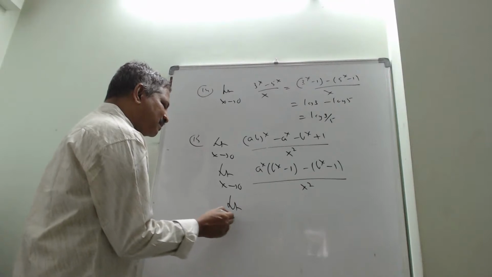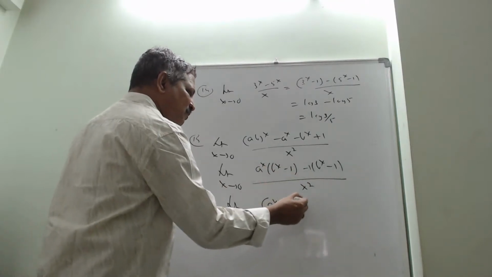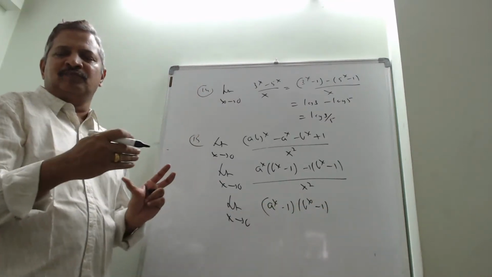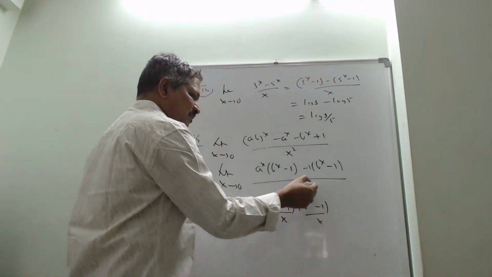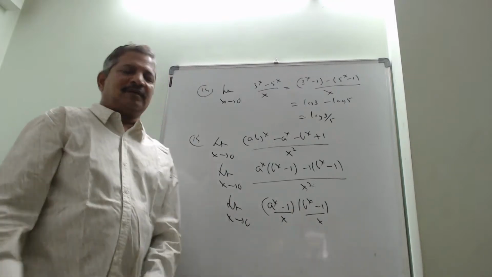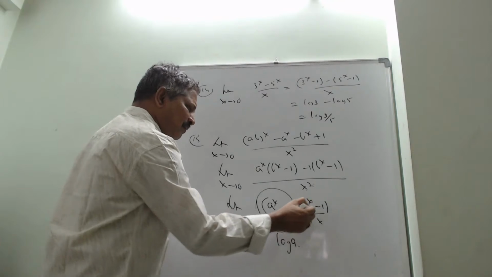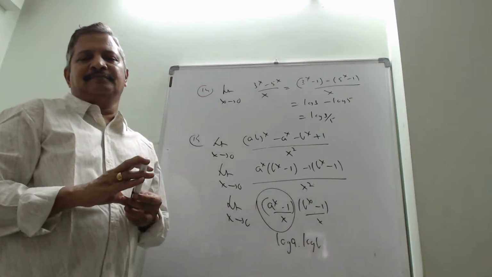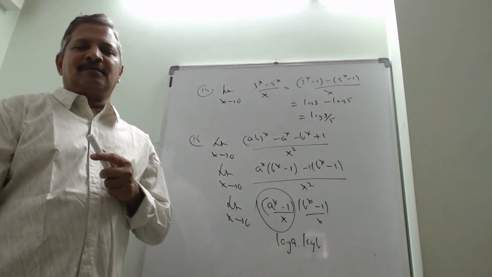Now limit x tends to 0, (a power x minus 1) common, into (b power x minus 1). The numerator is factorized into factors. By x, x square I wrote as a product, x into x. So this is a formula, log a. This is another formula, log b. So log a into log b. These are the simple formula based problems.